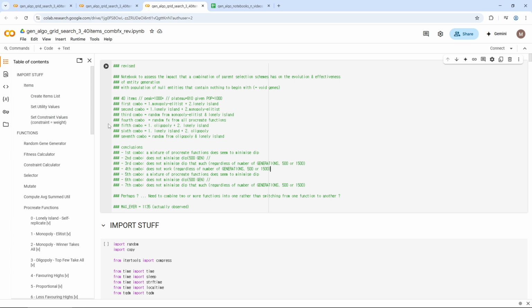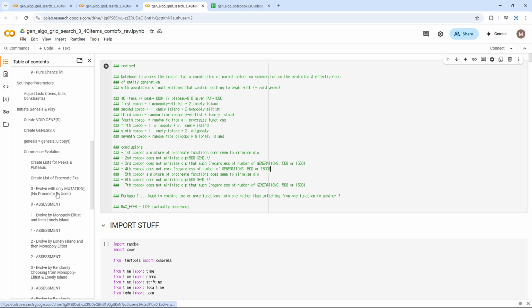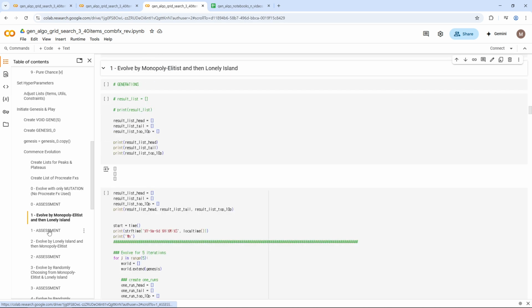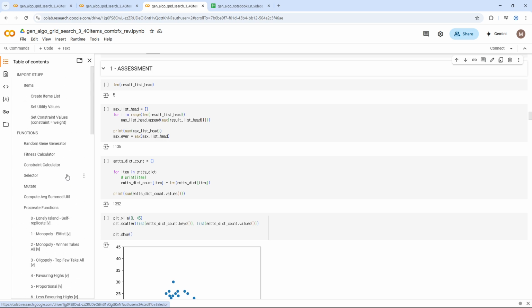In this notebook I am going to be demonstrating, in each step, 0, 1, 2, 3, the evolution, which would use a combination of procreate functions. So it's not just going to be one procreate function that is used.